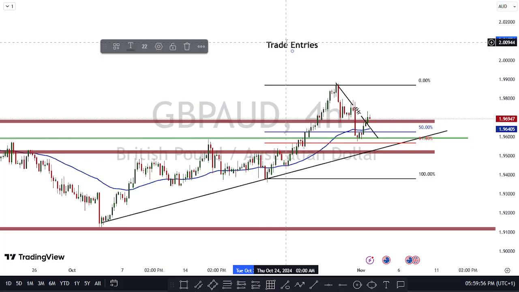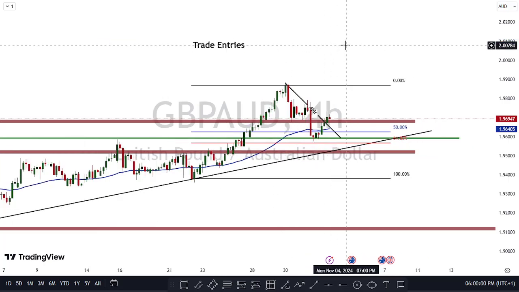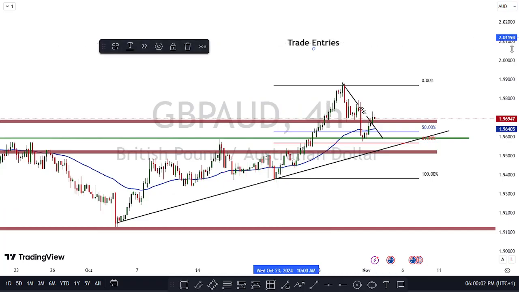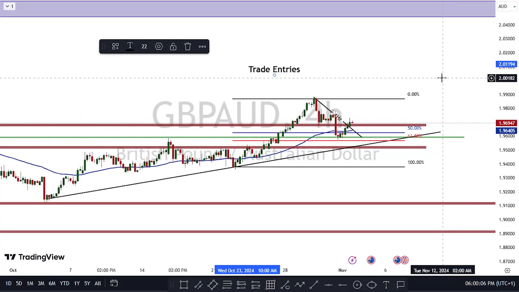Guys, first of all, it's pretty much very simple. This is a very good and simple topic. It's just about knowing when to enter a trade.